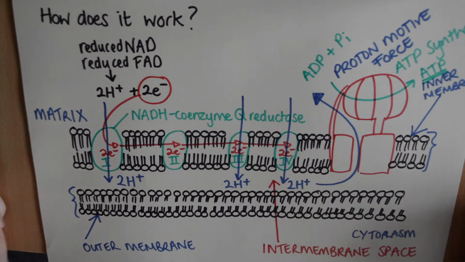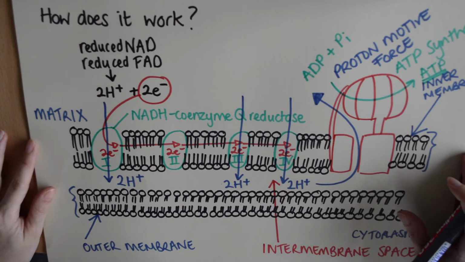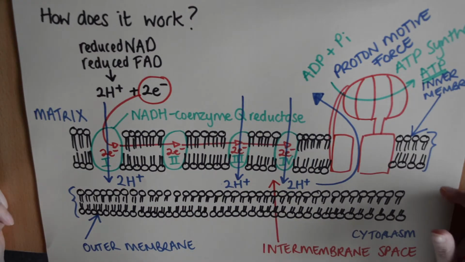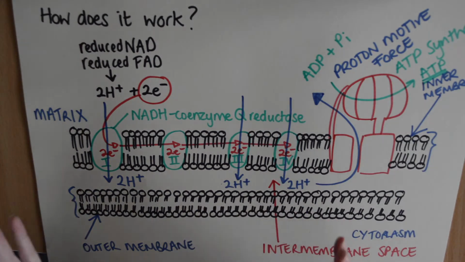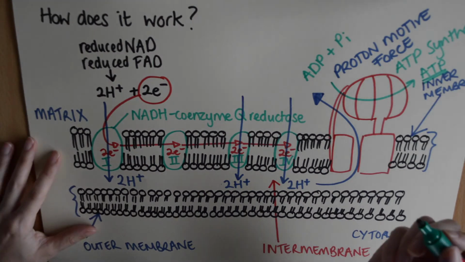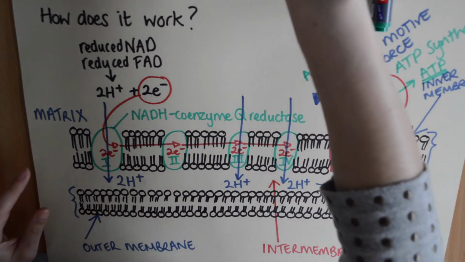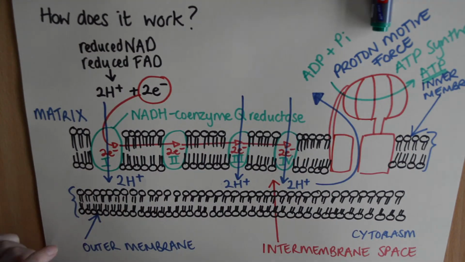Now, there's one thing that we haven't considered yet, which is what is the role of oxygen in this process. This process is known as oxidative phosphorylation. So what does oxygen do? Now, we've generated lots of electrons as they've moved through the electron transport chain.